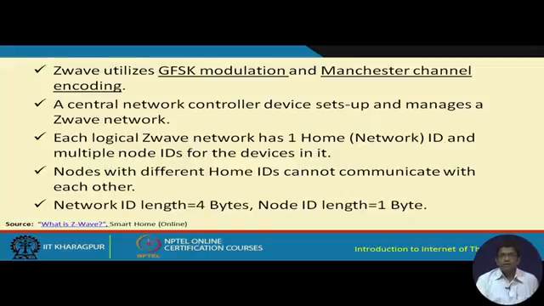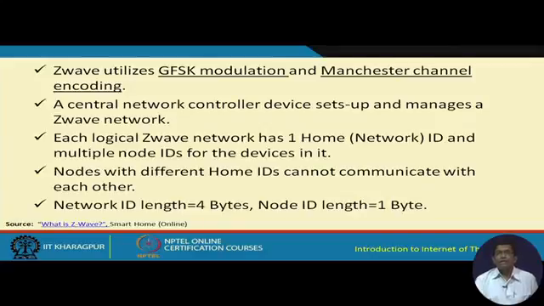This is one concept. The second thing, as I was mentioning earlier, is that there is a single entity called the central network controller that sets up and manages a Z-Wave network. Each logical Z-Wave network has one home ID and multiple node IDs for the devices in it, and that home ID corresponds to a single network ID.